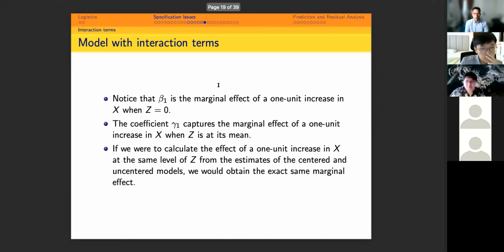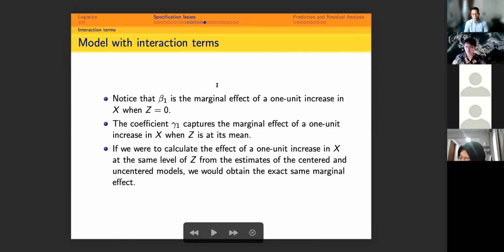Again, let's do the interpretation. What is the interpretation of gamma 1? Gamma 1 is the parameter associated with xc, the centered x. Gamma 1 captures the marginal effect of a unit increase in x when z is at its mean.